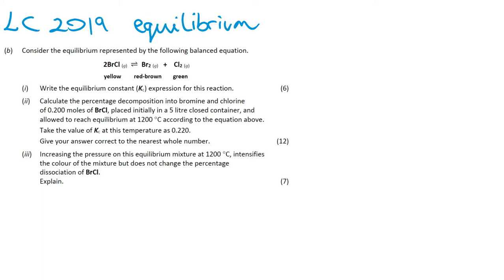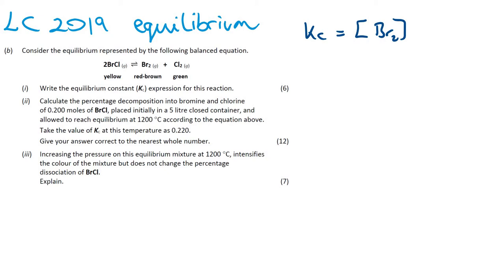Okay, so Kc is the expression which determines what happens to the position of equilibrium for changes in many conditions, and how we write it is it's going to be the concentration of the products, which is in this instance bromine and chlorine, to the power of their stoichiometric equivalent, or to the power essentially of the number in front of them.